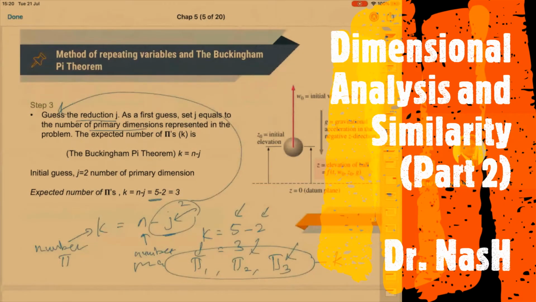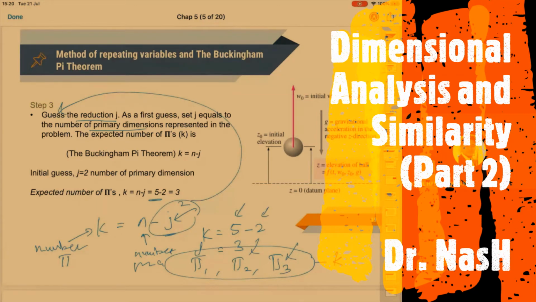All right. So yesterday we stopped at step 3 for the Buckingham-Pi theorem process. Just to recap a bit, what is the Buckingham-Pi theorem? It is one of the methodologies used by scientists, created specifically to provide non-dimensional parameters or terms.